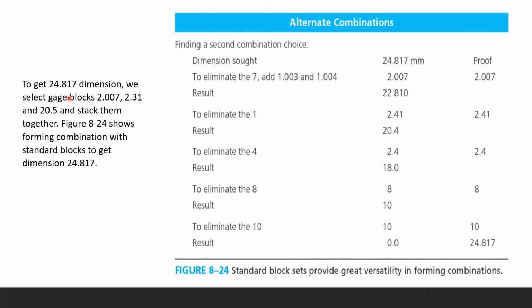So to get the 24.817 dimension, we select the gauge blocks 2.007, 2.31, and 20.5 from the previous example and stack them together. Whether you use 3 blocks or more blocks, you will end up with the same total combination.